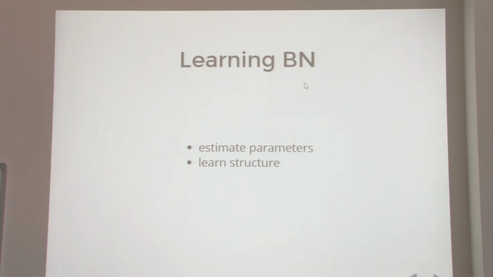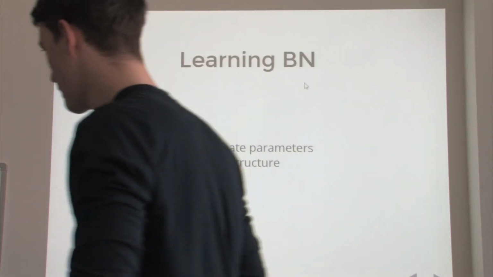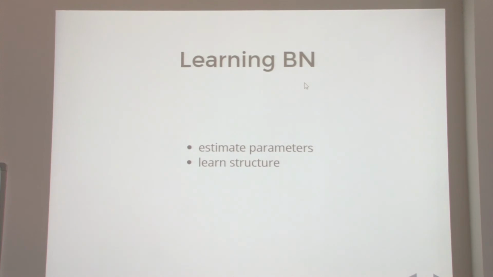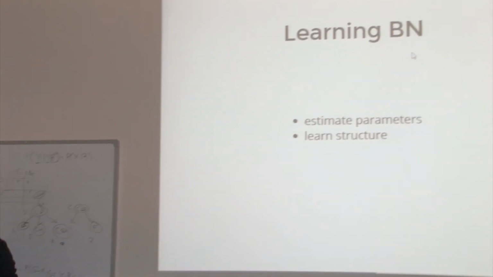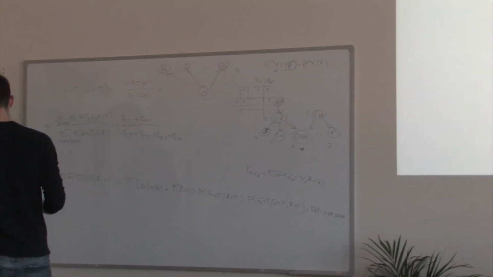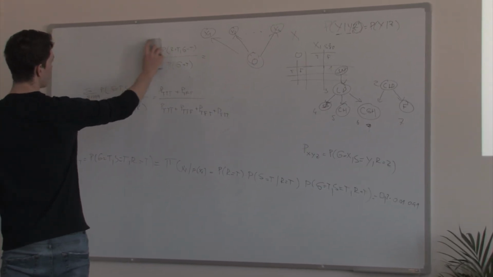Now there's also a problem of how to construct Bayesian networks. So till now I showed you how to use them, but there's a question of how to learn them, or how to create them.